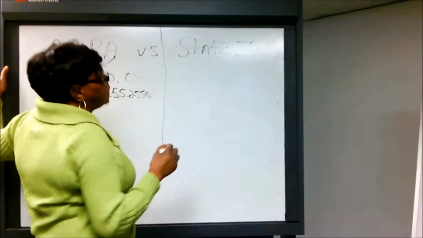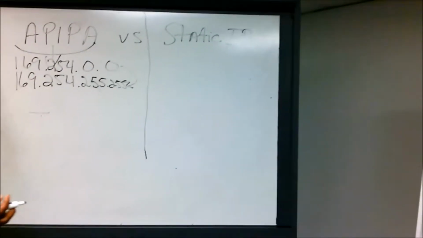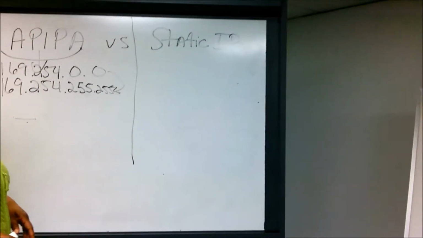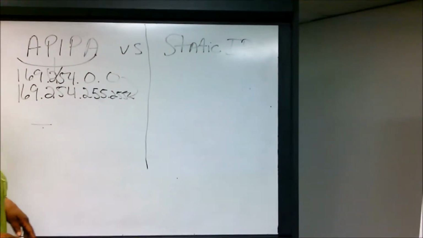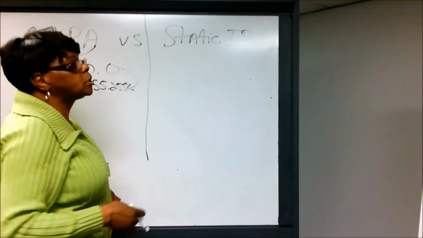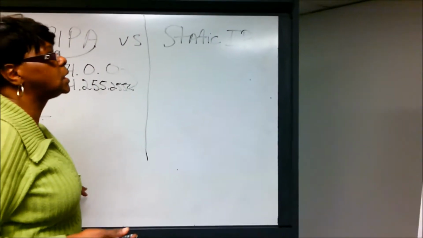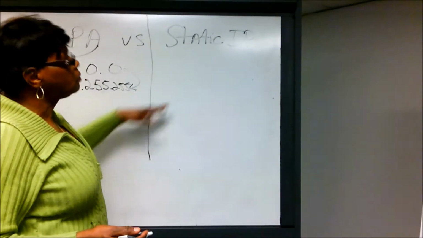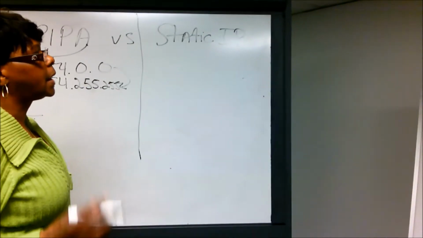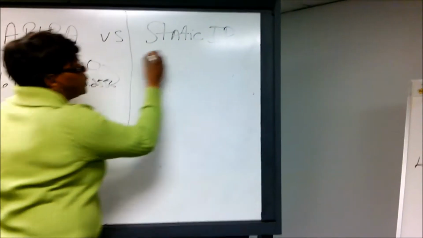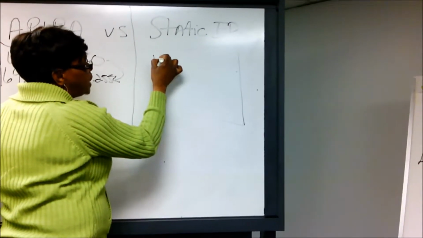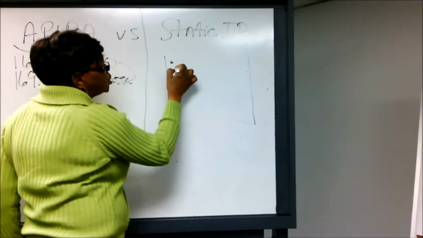Now, talking about static IP addresses. Static IP addresses are usually put on devices that don't move around in a company or on a network, such as servers. The systems administrator would go into the TCP/IP dialog or the NIC and assign that particular printer an IP address. It comes up with a dialog box, and you have your automatic choice and your choice for static.